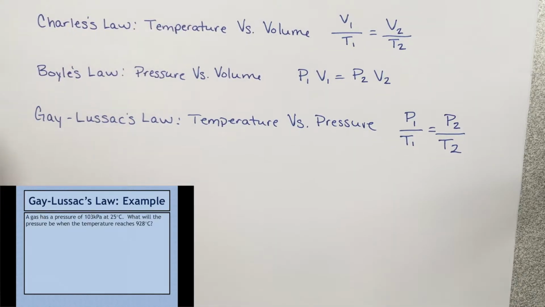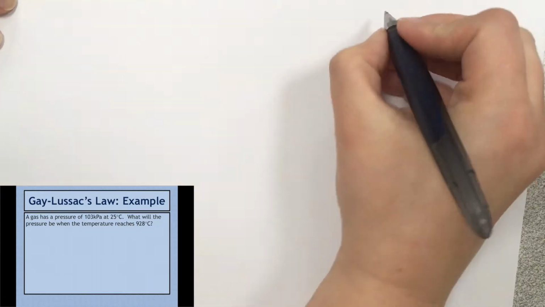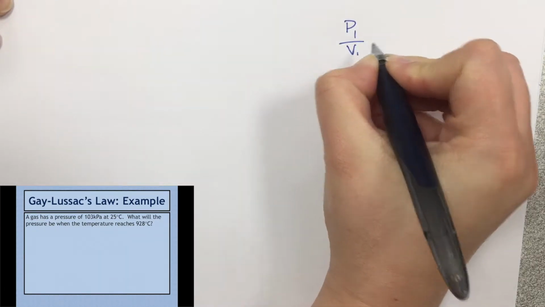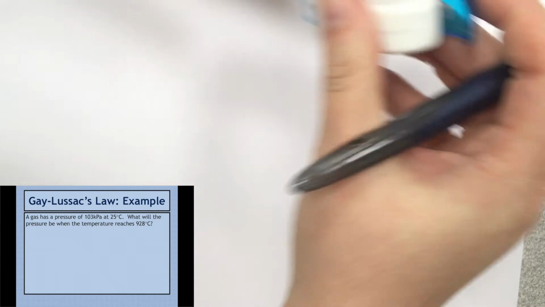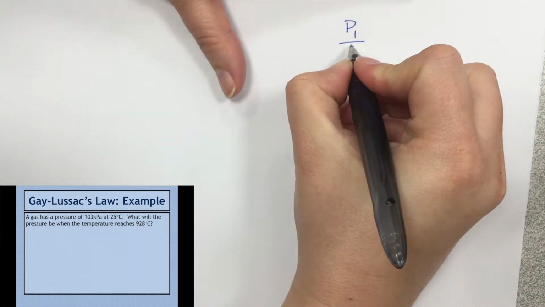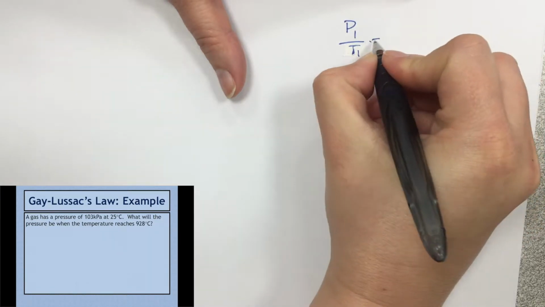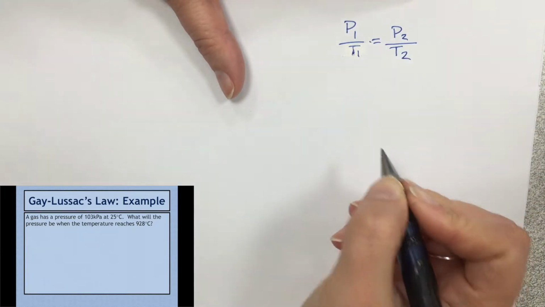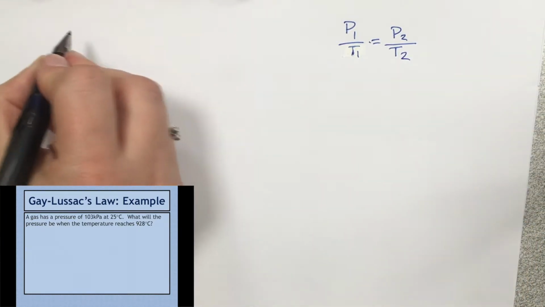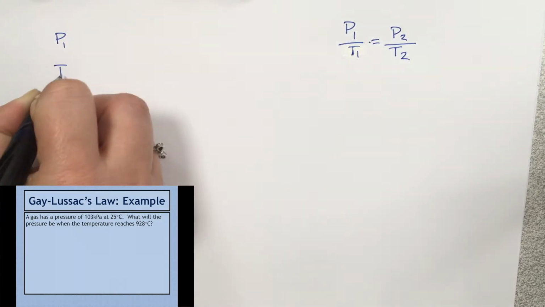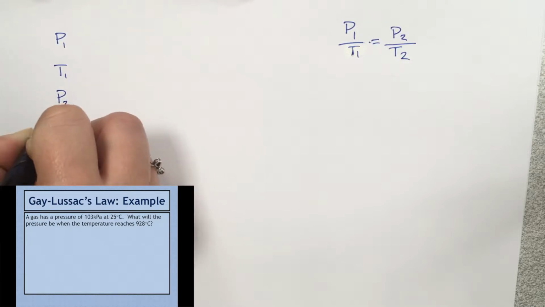So let's go over our first problem with Gay-Lussac's law. The equation is temperature and pressure, so P1 over T1 is equal to P2 over T2. I like to just write all of our variables down: P1, T1, P2, T2.